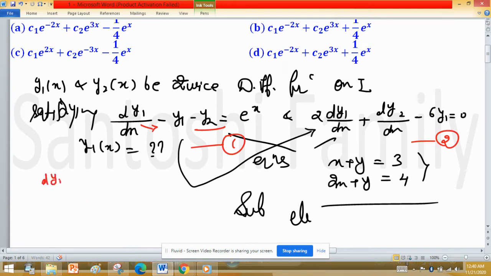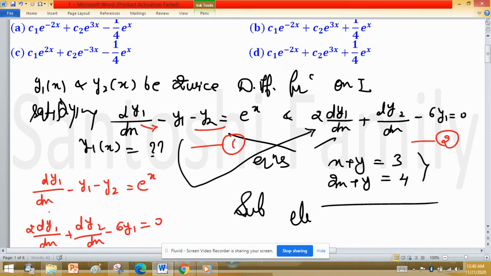So I write the differential equations again: dy1/dx - y1 - y2 = e^x, and 2 dy1/dx + dy2/dx - 6y1 = 0.